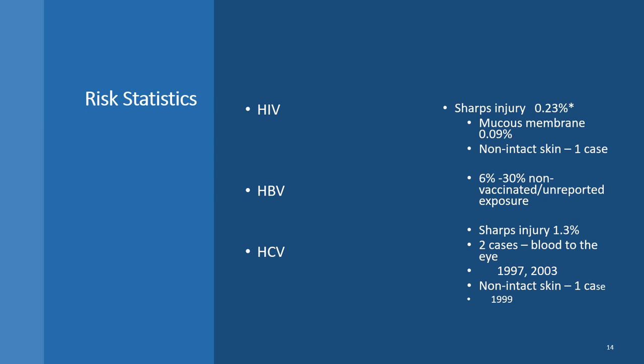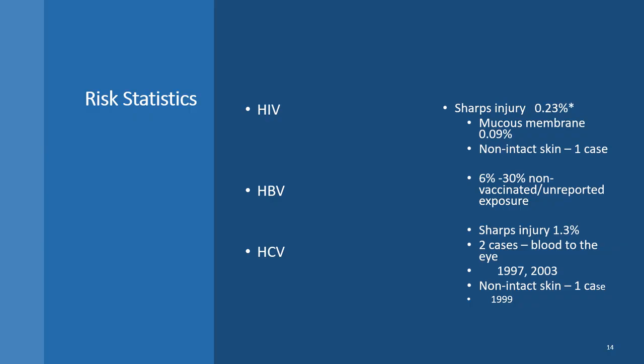And non-intact skin, 1 case, which was actually reported in 1999. For hepatitis B, if you are vaccinated, you are protected. If you aren't vaccinated and you have an exposure and the individual tests positive for hepatitis B, we can vaccinate you after the fact and protect you from acquiring this disease. So to have a 6 to 30% risk, you have to not be vaccinated and not report an exposure.